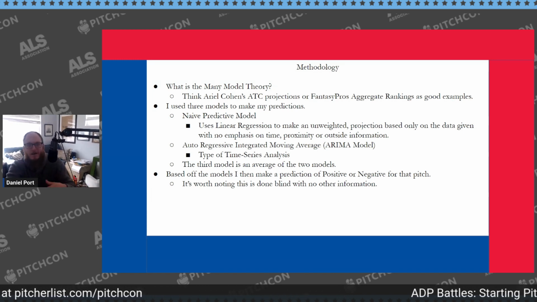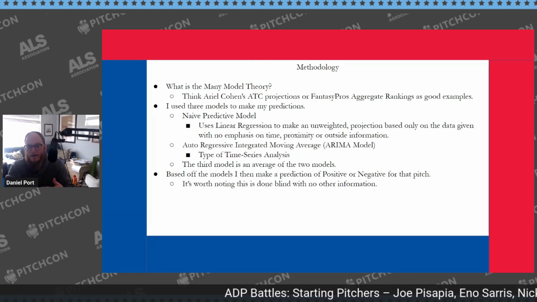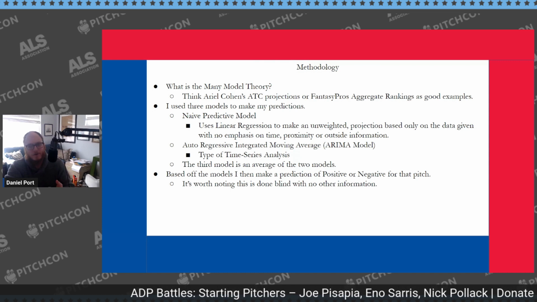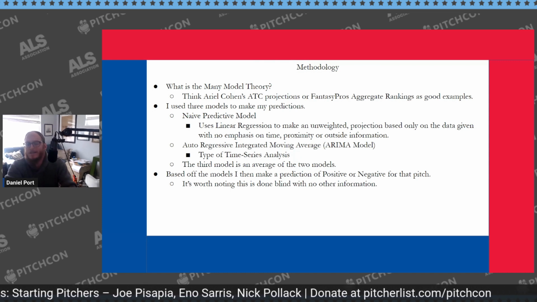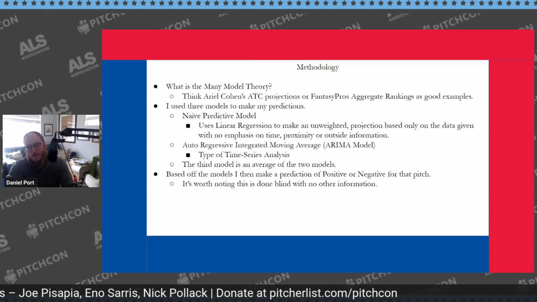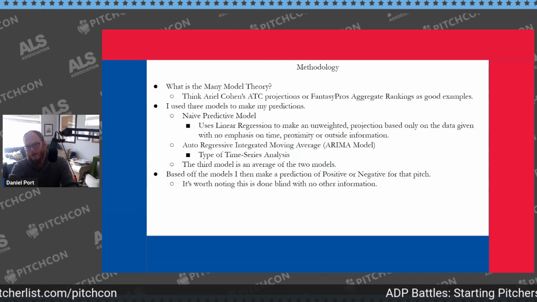If you think of, say, Ariel Cohen's really great ATC projections, I know he's here talking about it through PitchCon, or Fantasy Pros, which does the aggregate rankings that I really like when they rank players. Those are really great examples because they're taking different models and putting them together to give you a more accurate model. And that's what I wanted to do for my projections here as well through OLR.